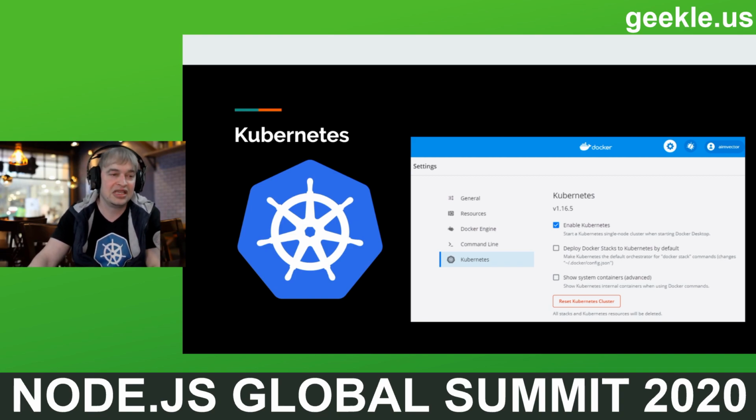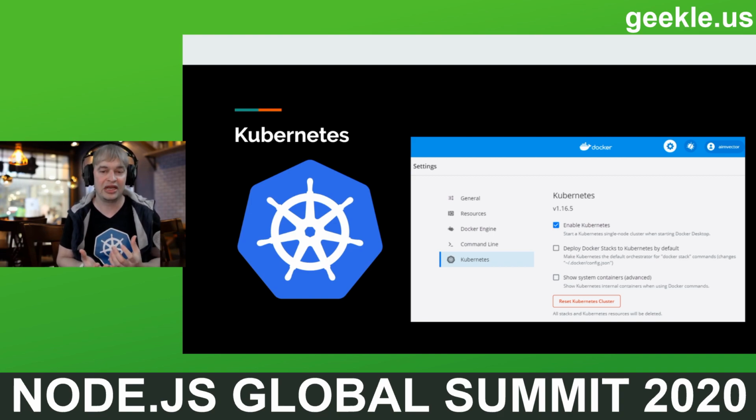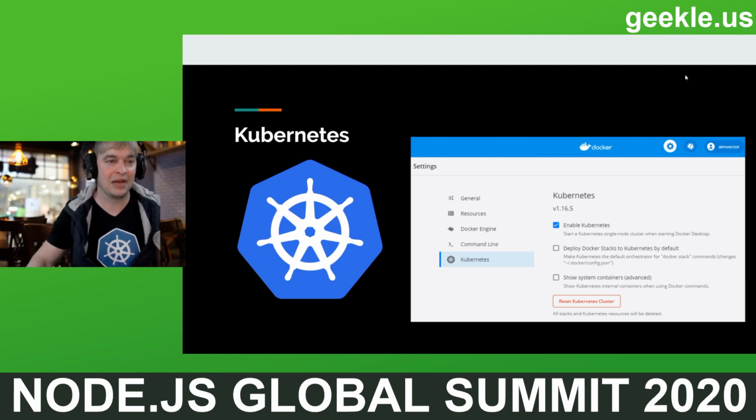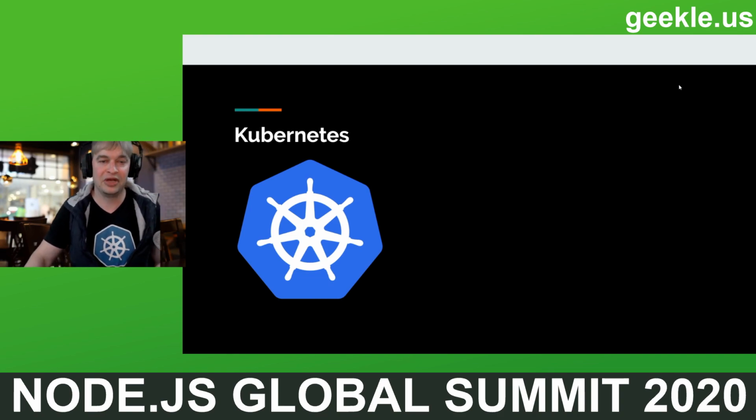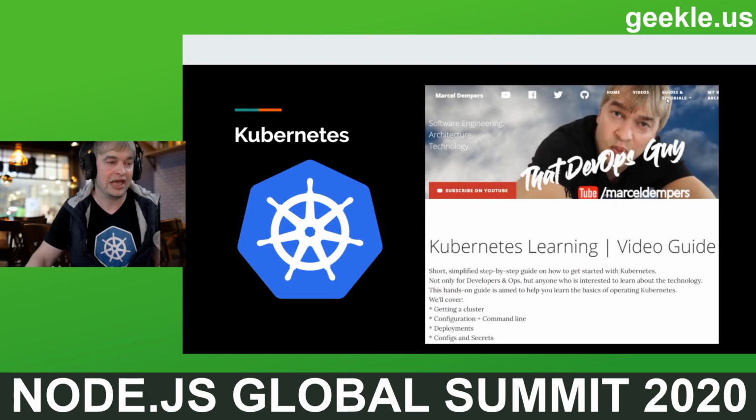And this is one of the things I always advocate for as a developer. You want to run your application in a production-like environment. And if you have Kubernetes available at the click of a button, you'll see that it's very simple to get the application up and running, which I'm going to show you right now. I also have a Kubernetes learning guide.